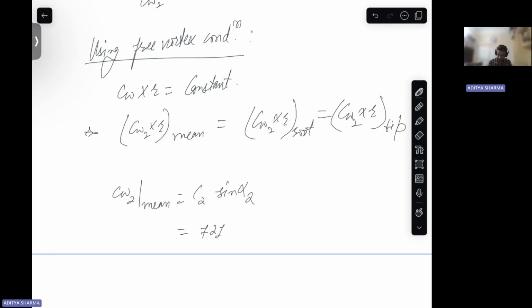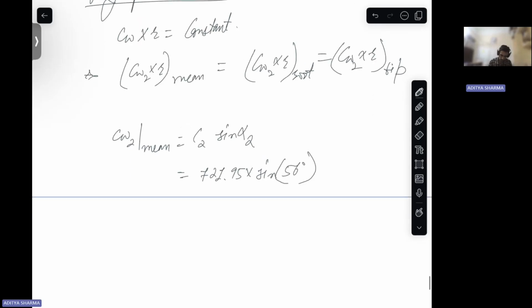Then C2 we already have calculated from previous questions. For mean position, your alpha 2 is this. So if we calculate this, this will come out to be 598.52 meters per second. So this is CW2 mean.